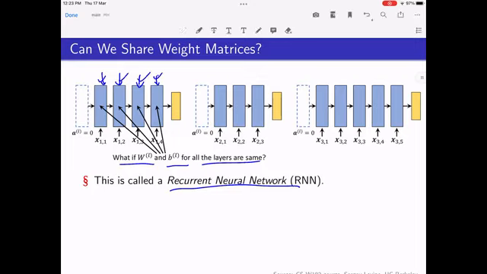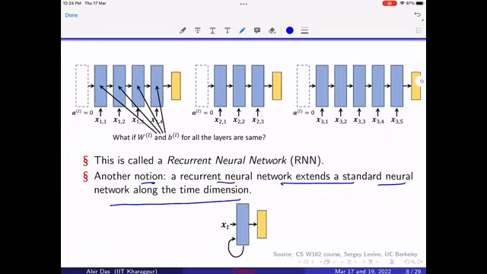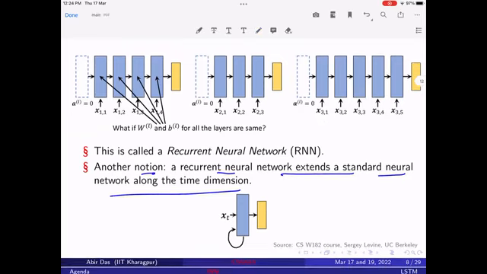There is another notation too. A recurrent neural network extends a standard neural network along the time dimension. This is the figure you will often see in papers or literature related to recurrent neural networks.